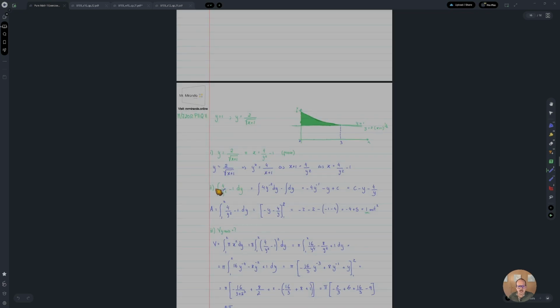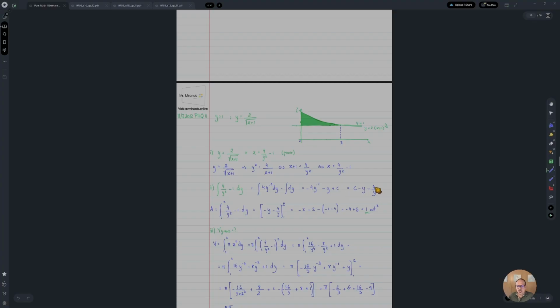Let's calculate the integral first, okay? In this case, I decided to divide it into different integrals, and here I have the expression for it.